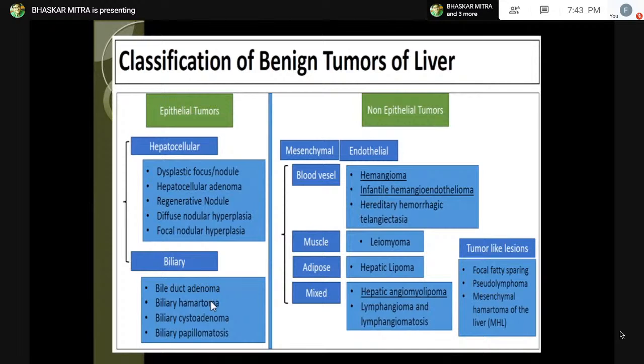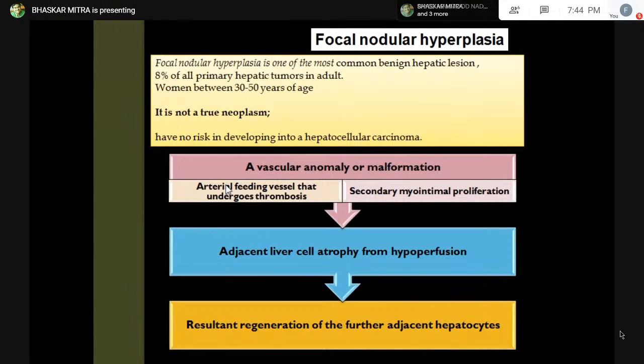First I am going to this group, that is, the epithelial tumors of the hepatocellular type. The first criterion is proliferation of the hepatocytes. First comes focal nodular hyperplasia. This is one of the most common benign hepatic lesions. It usually occurs in women in the adult 30 to 50 years age group.